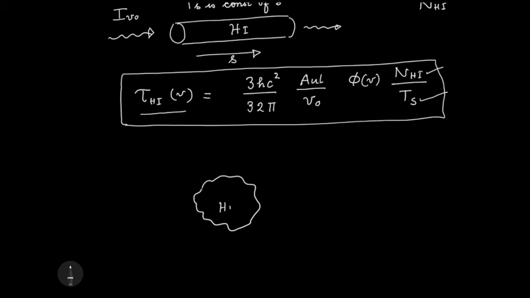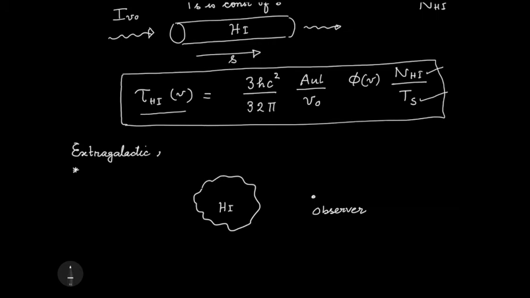So let's talk about an absorption experiment. The experiment is the following. Say now we are talking about not an external galaxy but an H1 cloud in our own galaxy, and I am an observer here who is looking through the cloud, or towards the cloud.